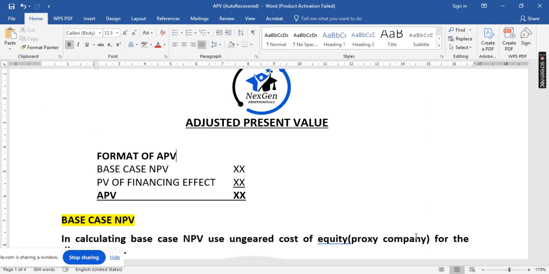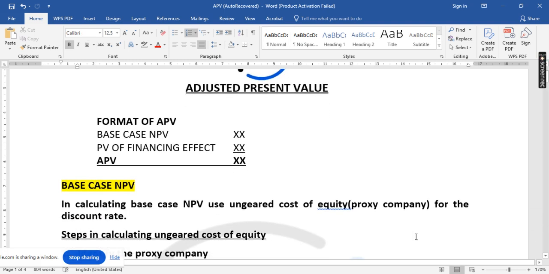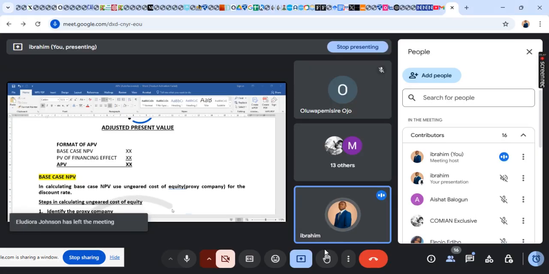These give you adjusted present value. When you are to determine the base case NPV, assume that the business will be financed by equity. And if the business is financed by equity, what will you use to discount? It is the ungeared cost of equity, right?